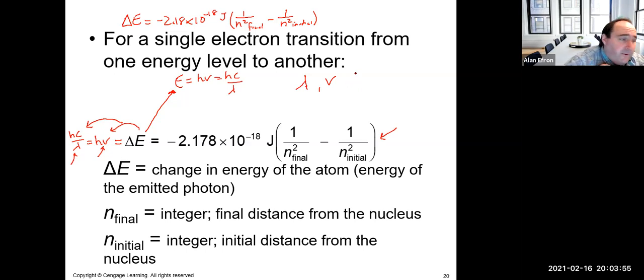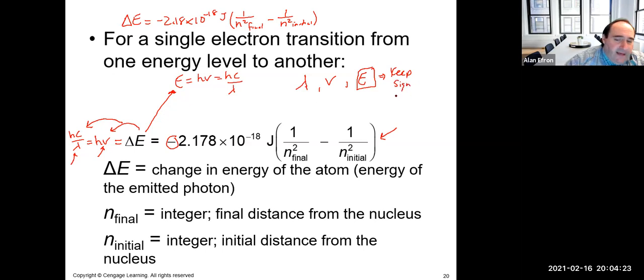One really important thing that people screw up on when they're using this formula is this negative. So you should definitely use the negative in the calculation, but let me explain three things that we typically calculate. One is energy, one is frequency, and one is the wavelength. When we calculate the energy, you want to make sure that you keep the sign.